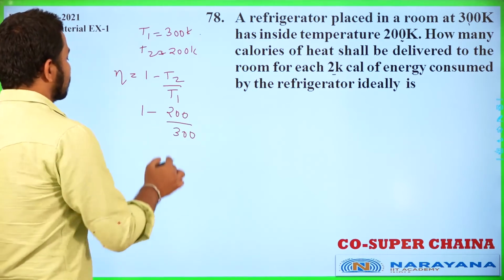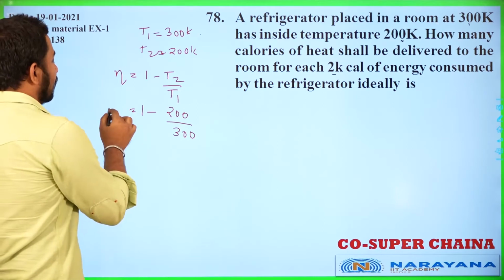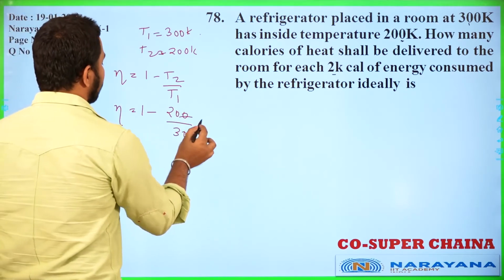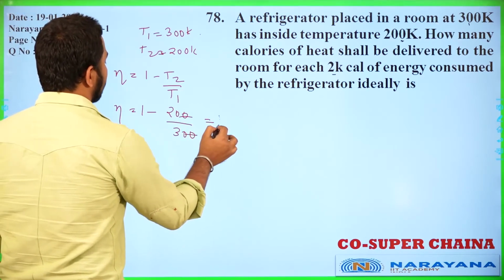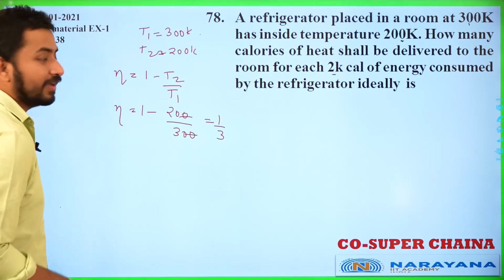This efficiency value comes to 1 minus 2 by 3, which is 1 by 3.